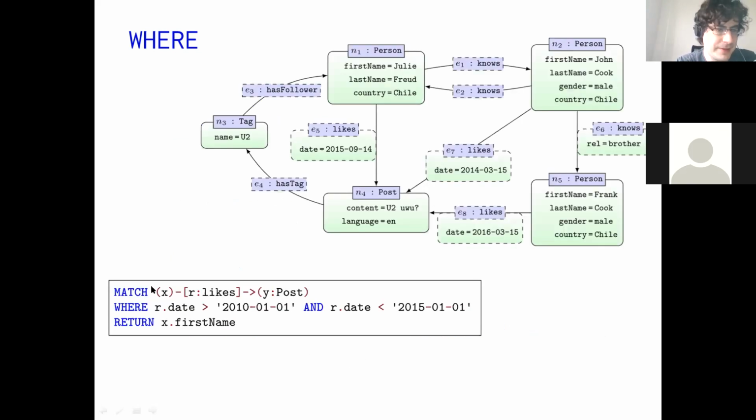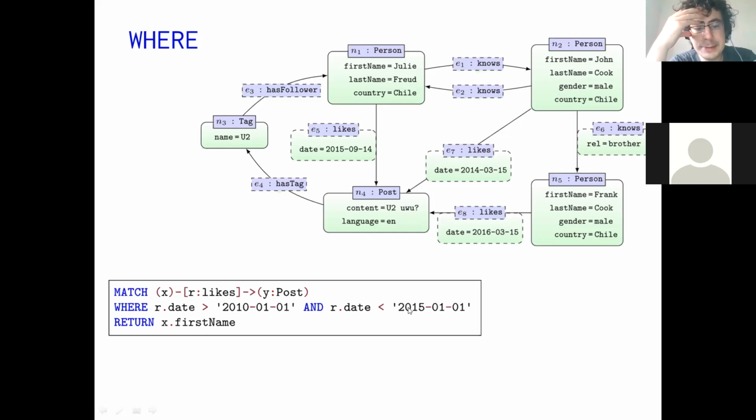These are all things you've seen before in several query languages, also in programming languages. Just to give one example, here we're looking for the first names of nodes that like posts, such that the date of the like was greater than 2010, so it was somehow in the years 2010 to 2014.